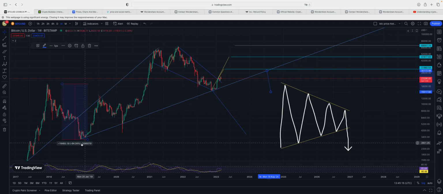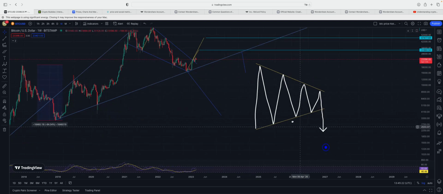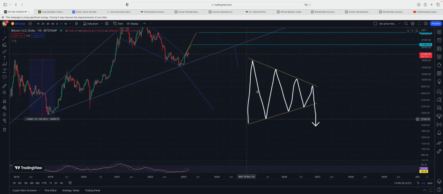If it goes below, say to an 86% discount or 90% discount, that will be the drop down from our symmetrical triangle.